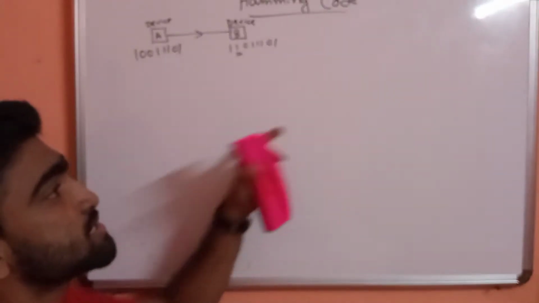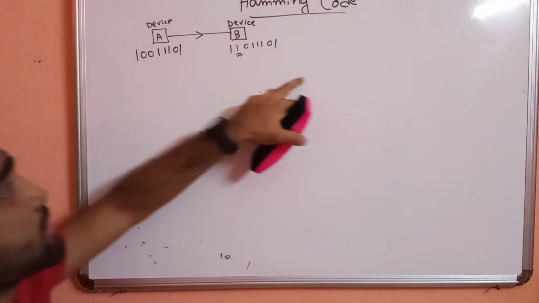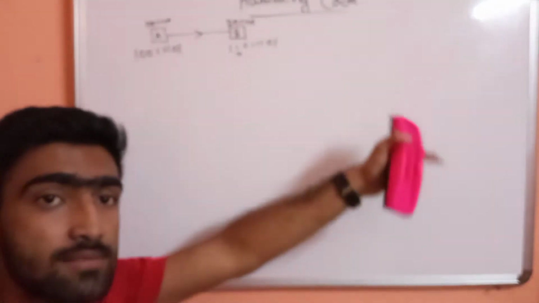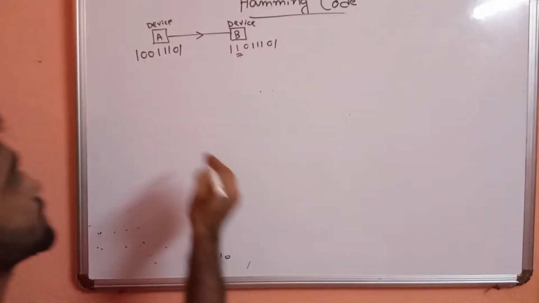In this scenario, Hamming code comes into play. Hamming code is a single bit error detecting code. Thus, Hamming code helps us in detecting the error in the transferred data.